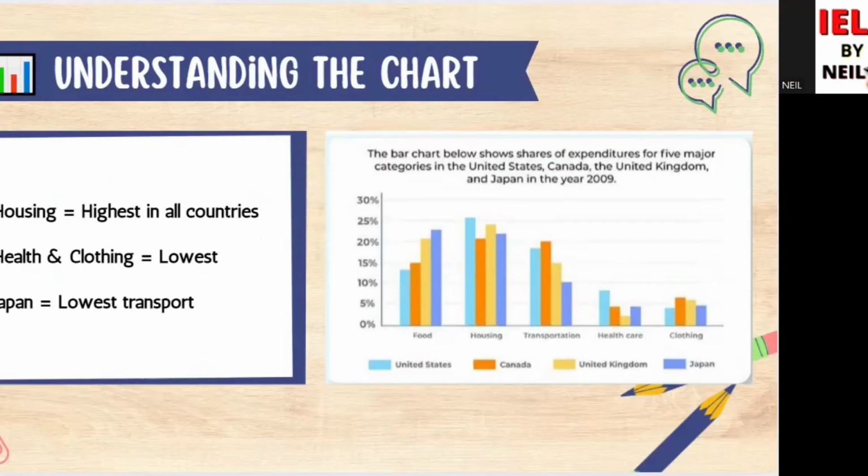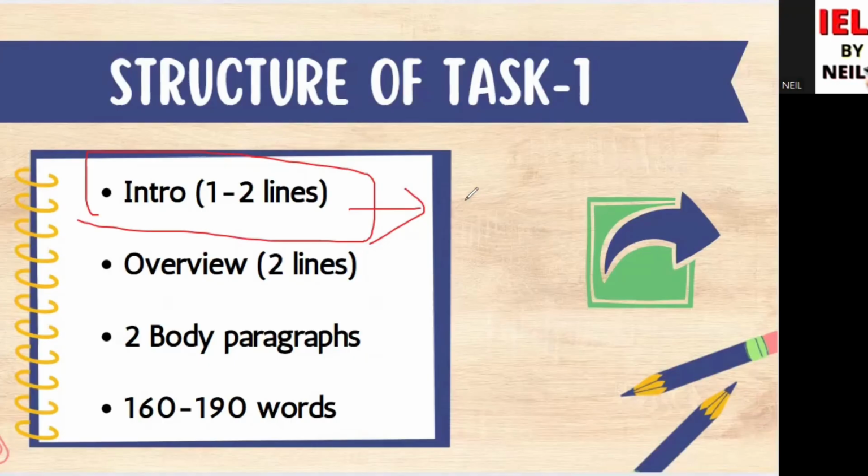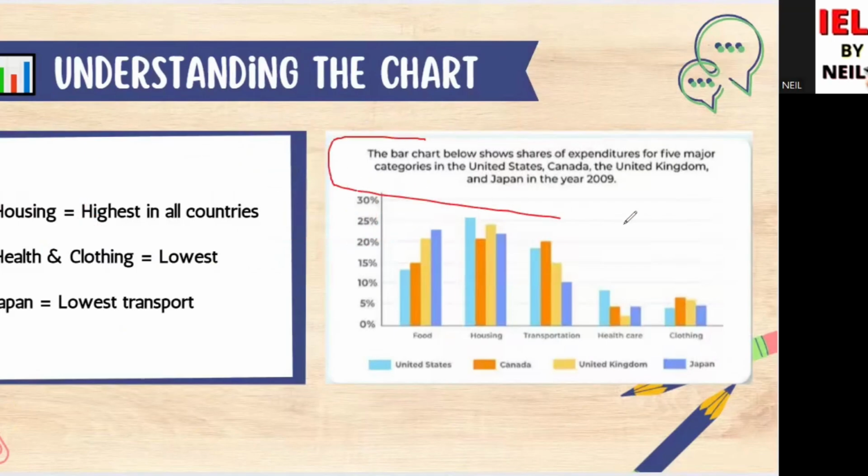Now, before we move on, let's first understand the structure of any IELTS Writing Task 1. If you have a look here, this is the introduction that we have to write. In the introduction, we paraphrase the question statement. So, for example, in this one, if you go back here, this is the question statement, right? We are going to simply paraphrase it.